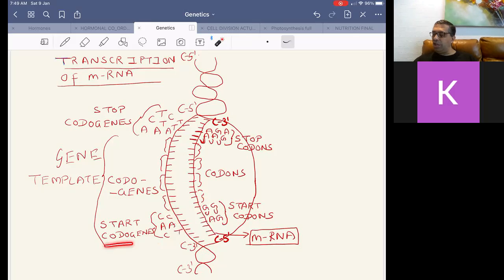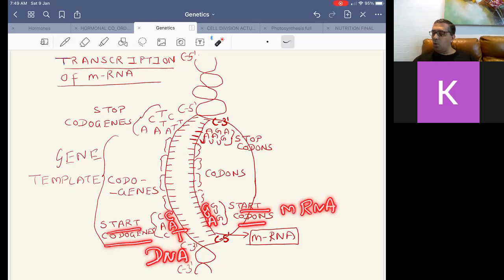The start codogene is TAC on the DNA. And which is the start codon? The start codon is AUG on the mRNA. So on DNA the start codogene is TAC, and on mRNA the start codon is AUG.